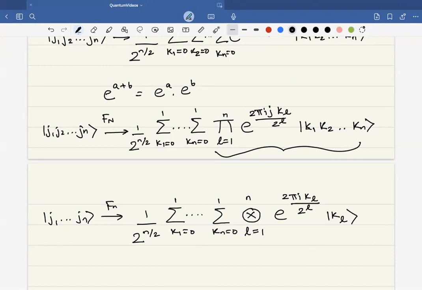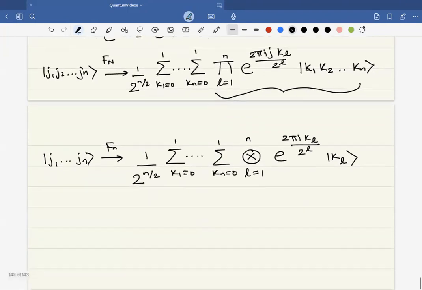The next step is the most crucial one. The tensor product is a distributive thing.